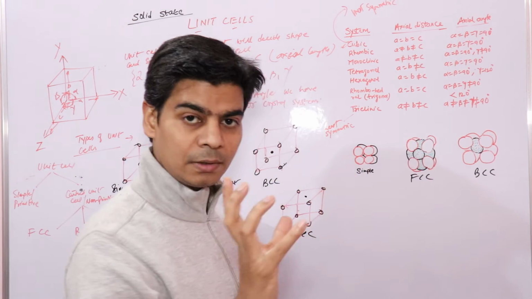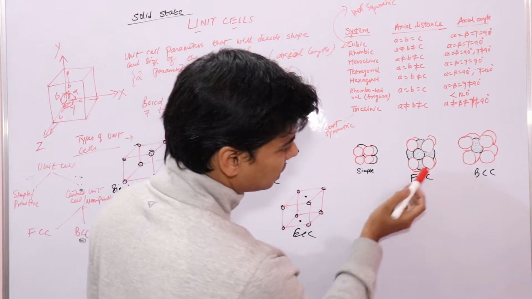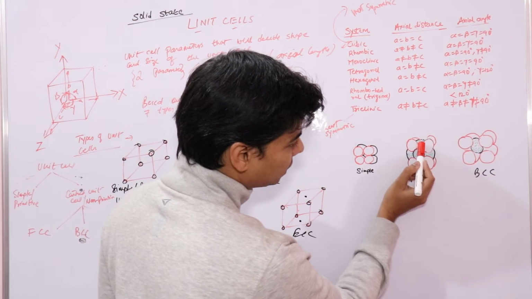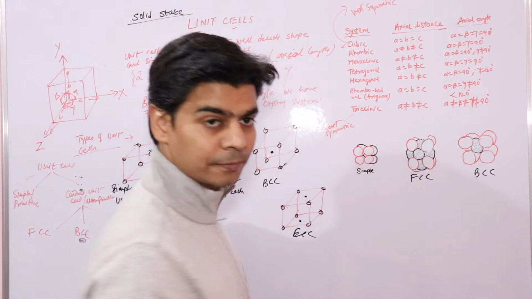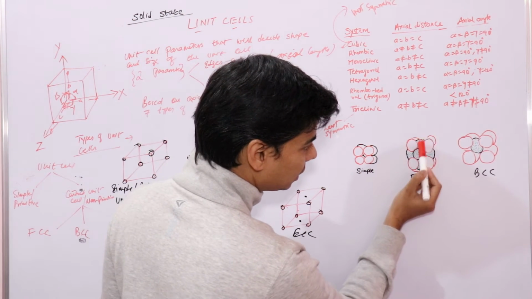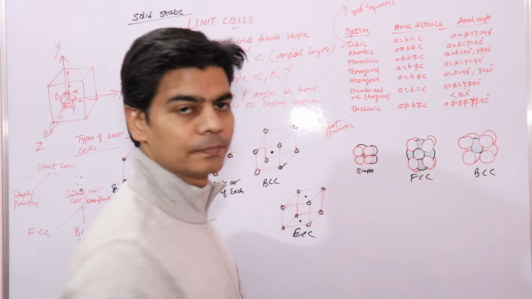So this one which is at the corner is touching 2 spheres which are at the center of these faces and at the center of this sphere. So in all, this sphere which is at the corner is touching 3 spheres, right?